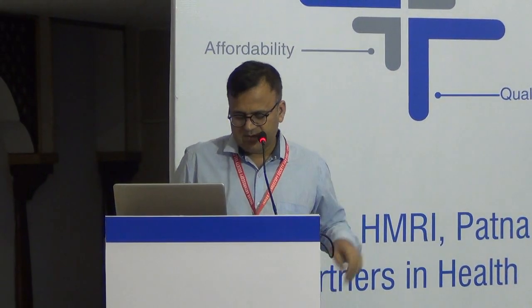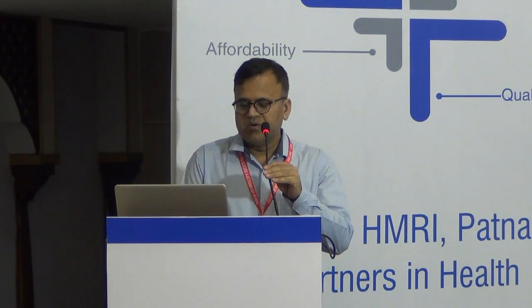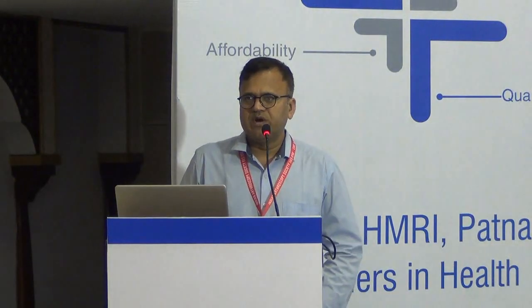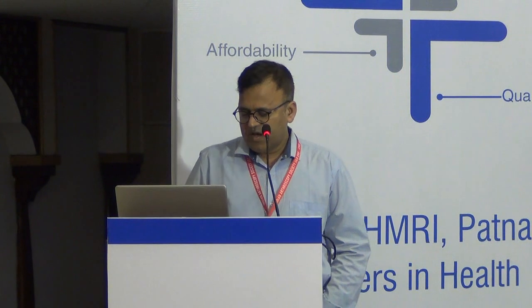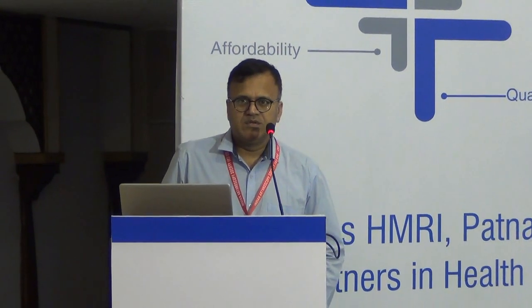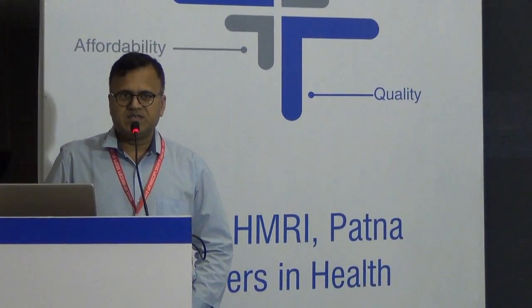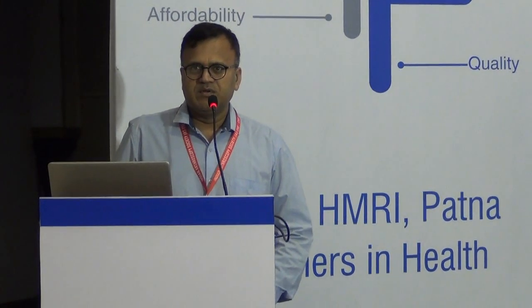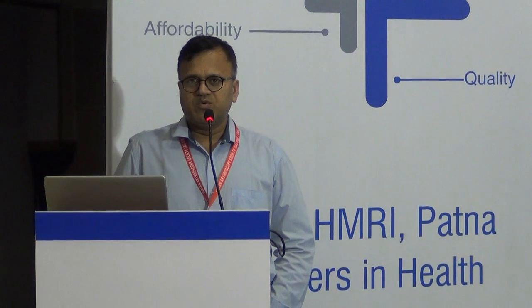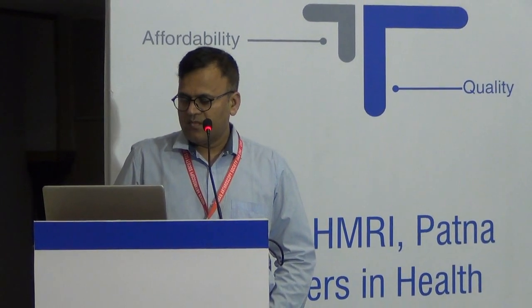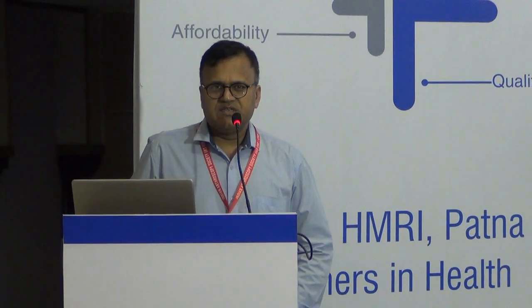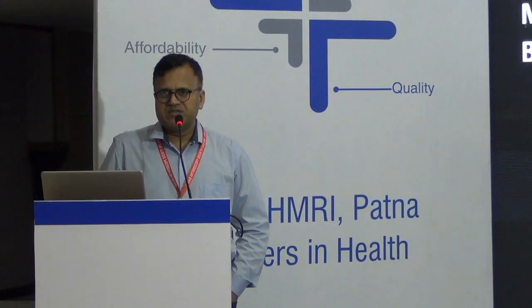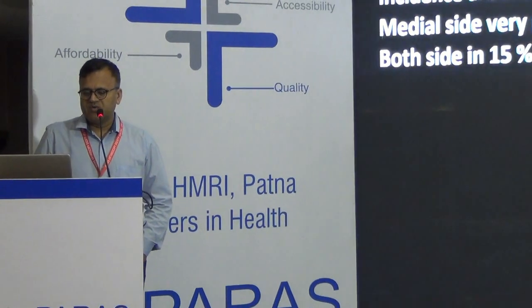Good morning, everybody. My topic of presentation is discoid meniscus. As all of us know, the discoid meniscus is most of the time an incidental finding while we are doing arthroscopy for some other procedure. It is considered synonymous with the snapping knee syndrome.